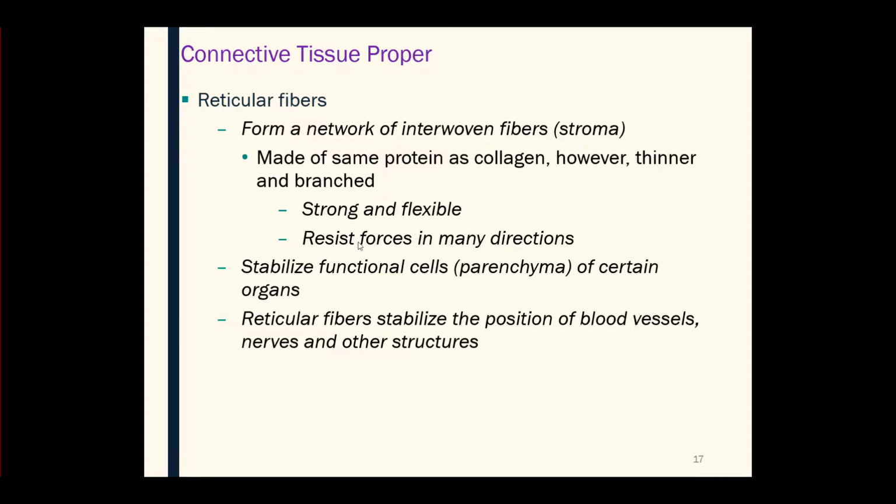But since they branch, they can resist forces applied to them from many different directions, right? Since it's a branching network, we can pull on that tissue from various directions and that tissue is going to stay strong.